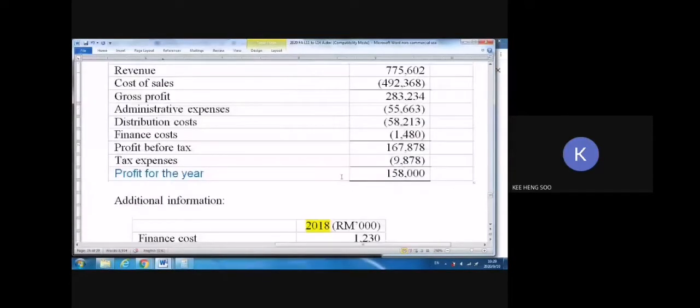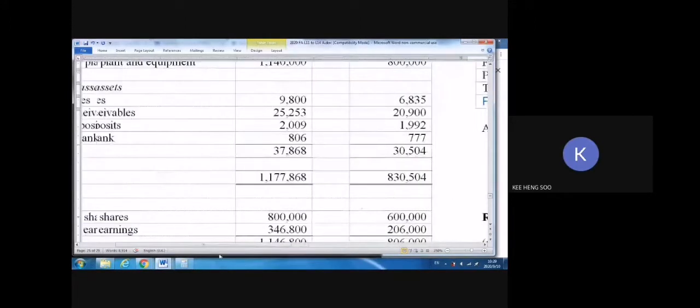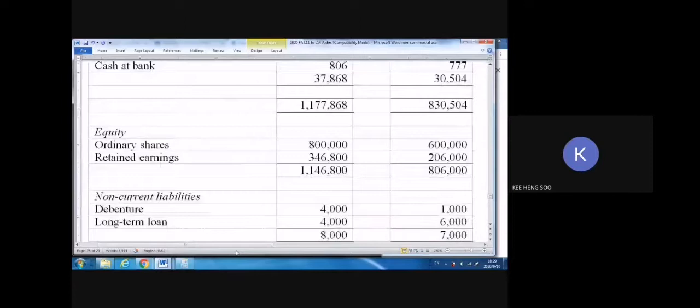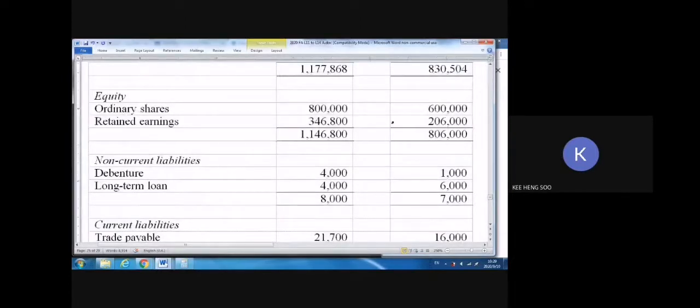Profit for the year is 158. You add it into your retained earning, 206. Then you minus here, you can get a dividend.